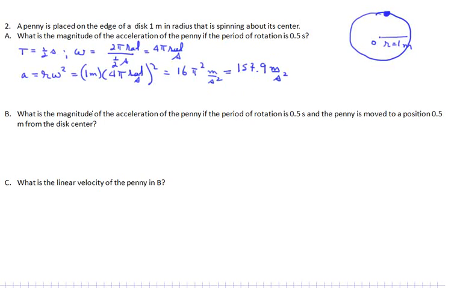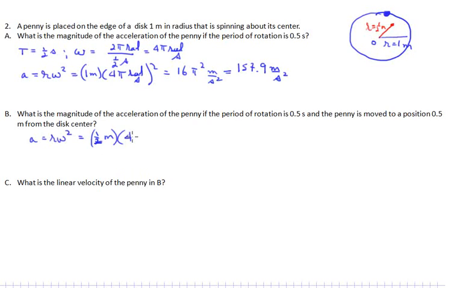Okay, on the second part of the problem, the penny is now sitting closer with an r now of 1/2 a meter. Omega is unchanged, and so the magnitude for the acceleration is r omega squared as before, but now r is 1/2 a meter instead of 1 meter.